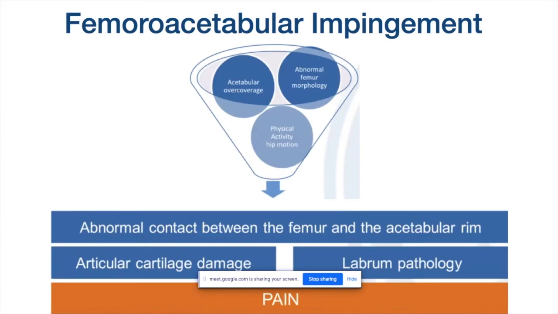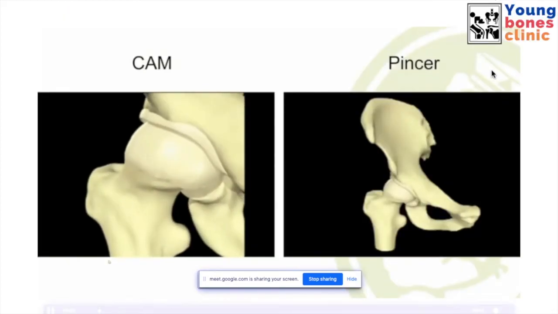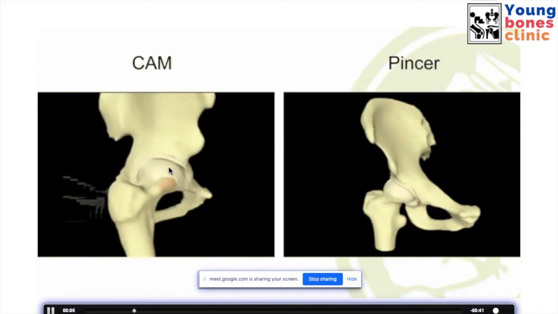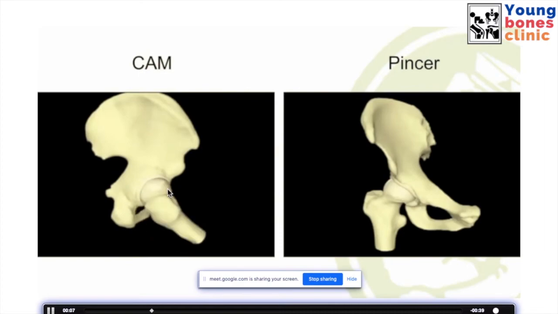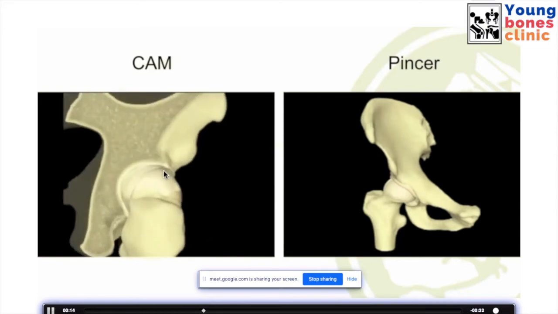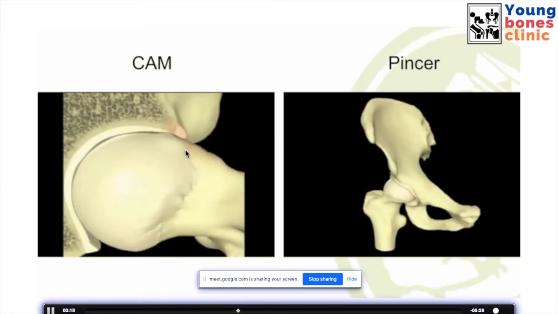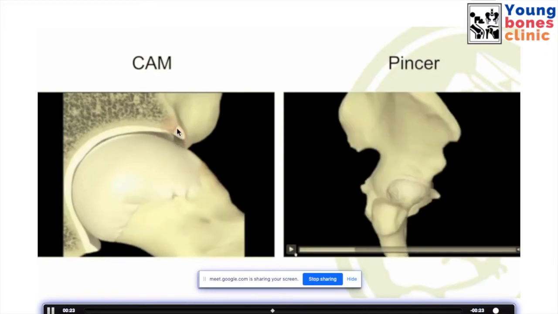You can see here there are two types, cam and pincer. Here the femur head is oblong, has a superolateral bump. So in deep flexion and external rotation, it is literally banging on the acetabular cartilage. Over a period of time, this is cam impingement. It causes chondral injury, and can also cause labral injuries.